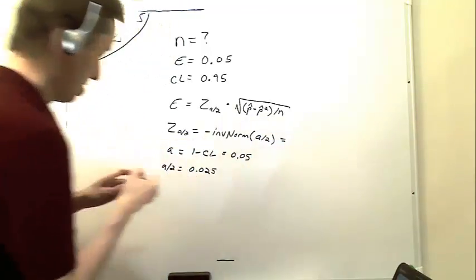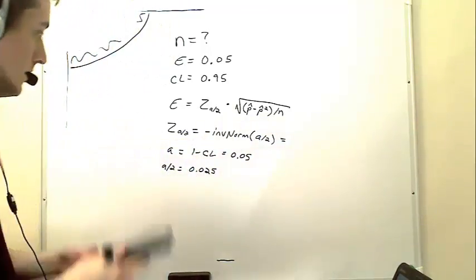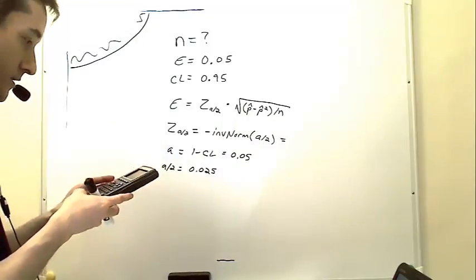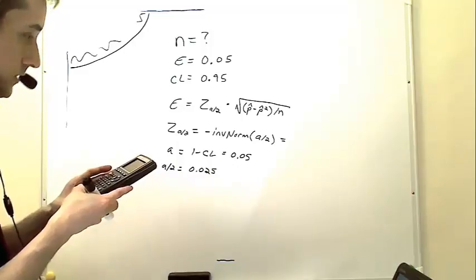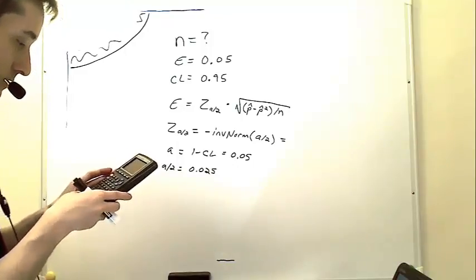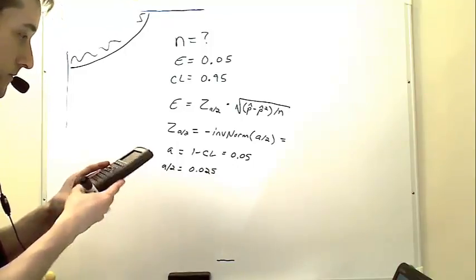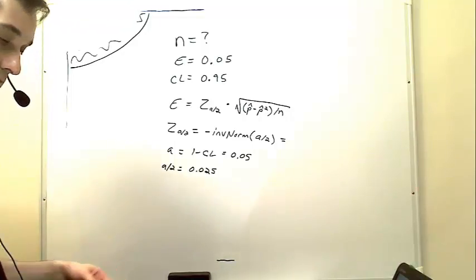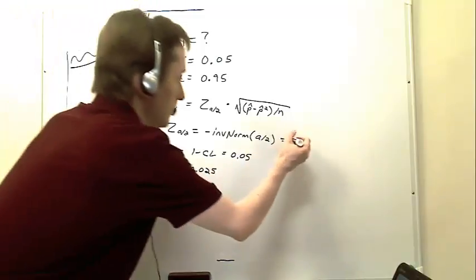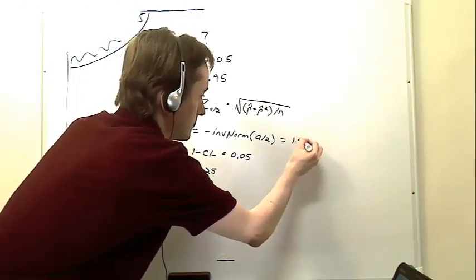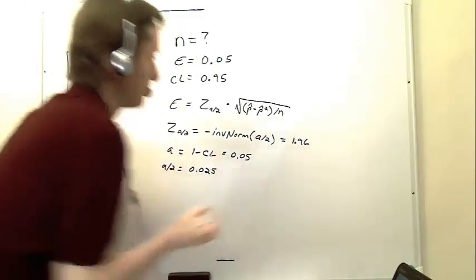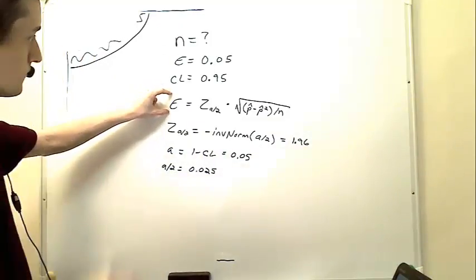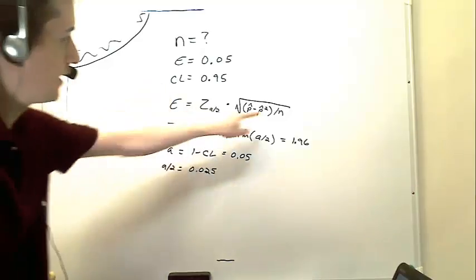This will become equal to, let's find out right now, negative inverse norm of 0.025, 1.96. We're going to use this formula to find N.